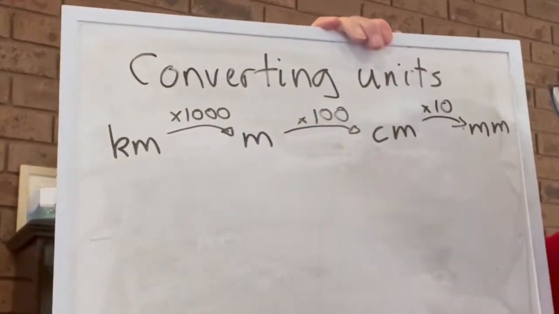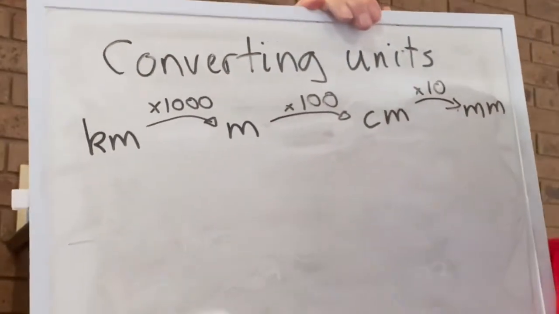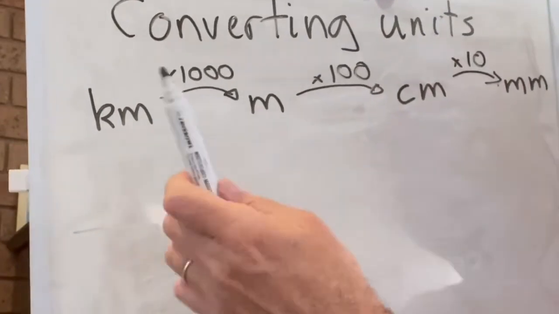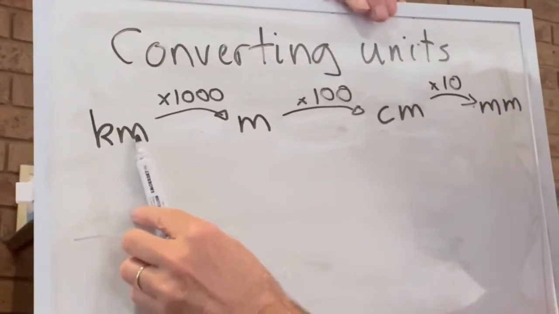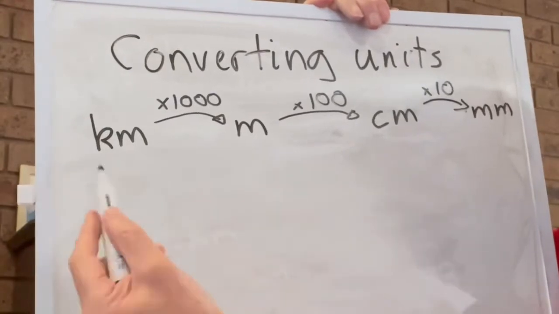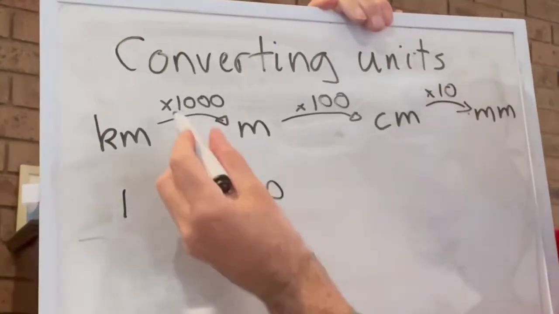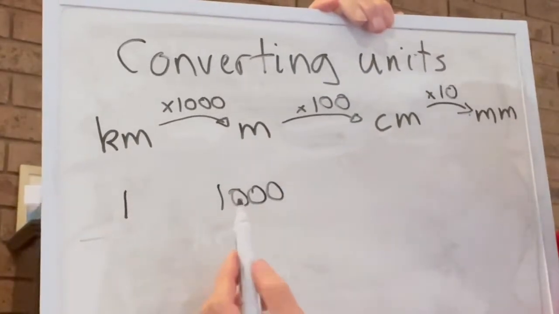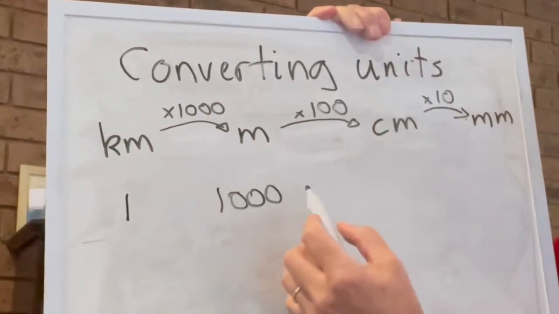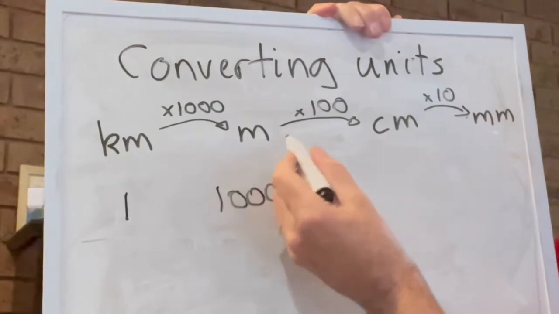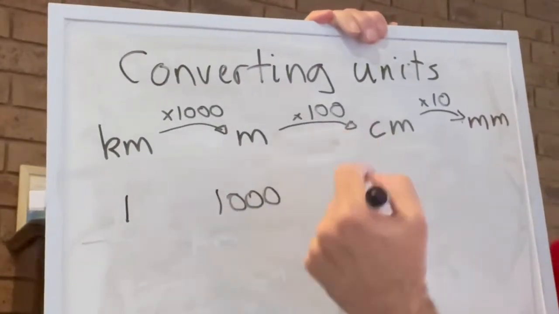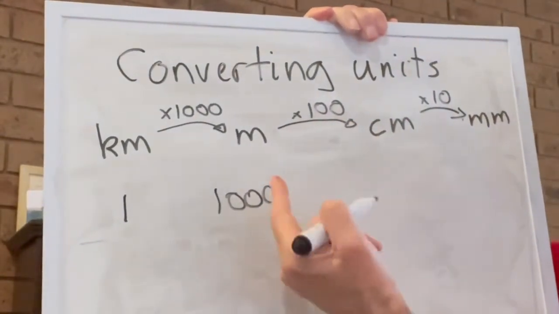In order to do this, you just need to think through that particular process. So for example, here we go from kilometres to metres. For example, if we had 1 kilometre, it's going to become 1,000 metres. So it's times 1,000 to go from kilometres to metres. If we were going to go then from metres to centimetres, we would times that again by 100.